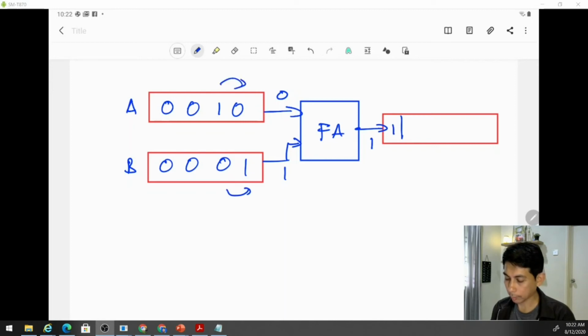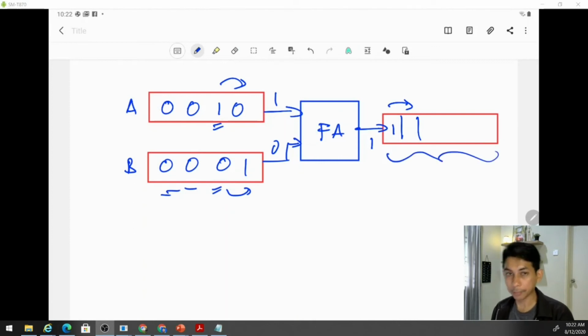Now we add 1 to 0, the second bit, when we shift to the right, and the other register here also shifts to the right, and we get the new result. We shift until we have all values, and then get the result in the output register, using only this one adder.